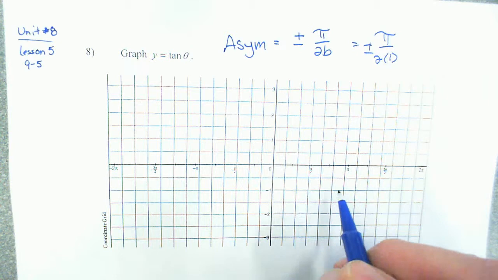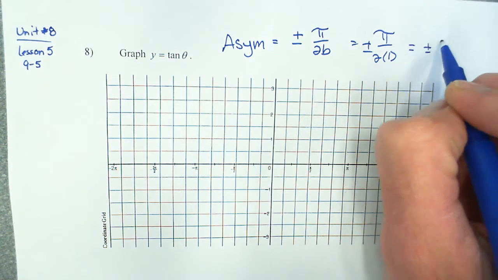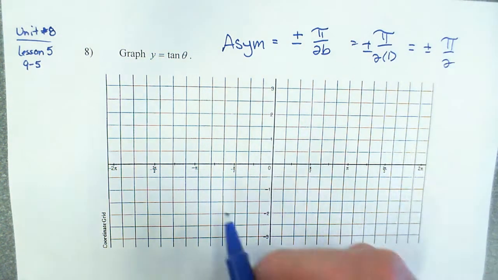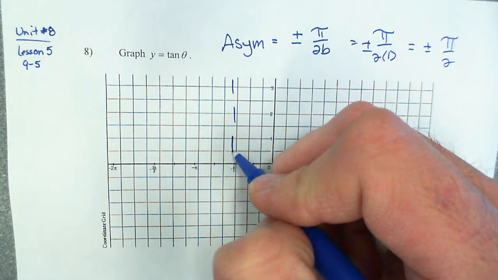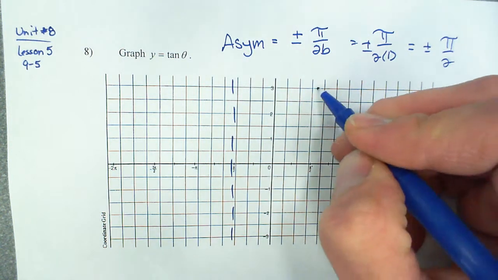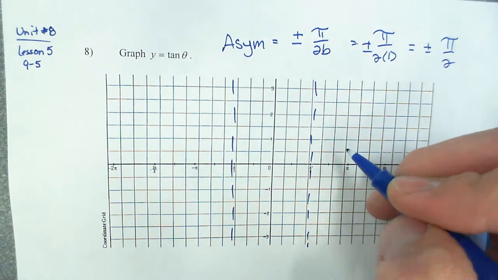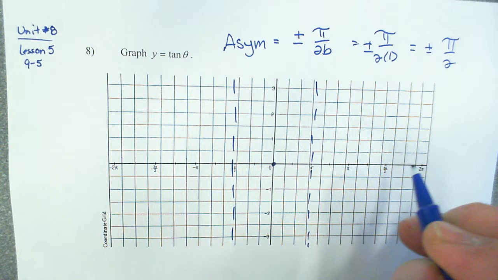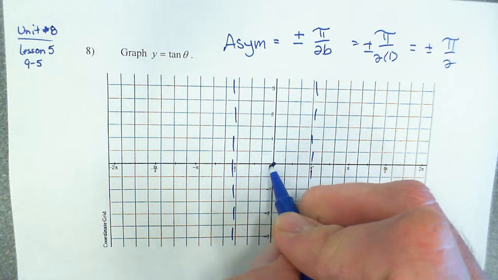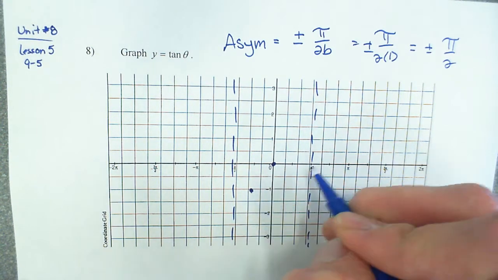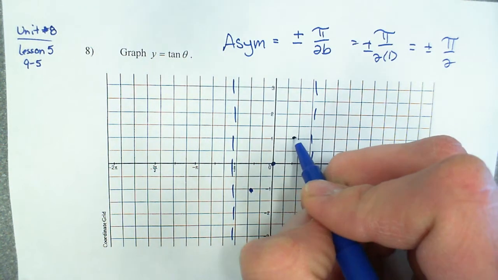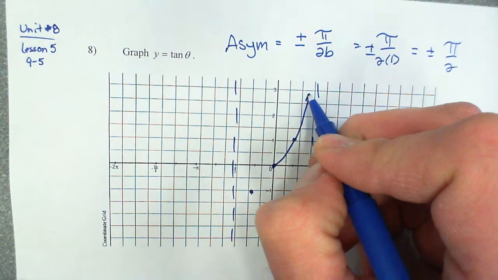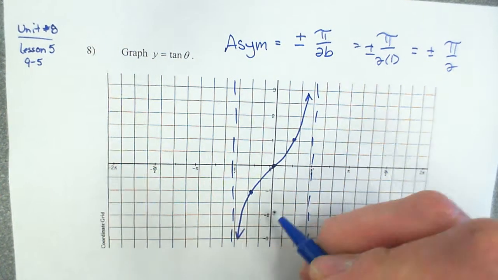So that's plus or minus pi over 2. Okay? So here's pi over 2, you have an asymptote. Here's negative pi over 2, you have an asymptote. Go to the middle, you're at 0. Go to the middle here, you're at -1. Go to the middle here, you're at positive 1.